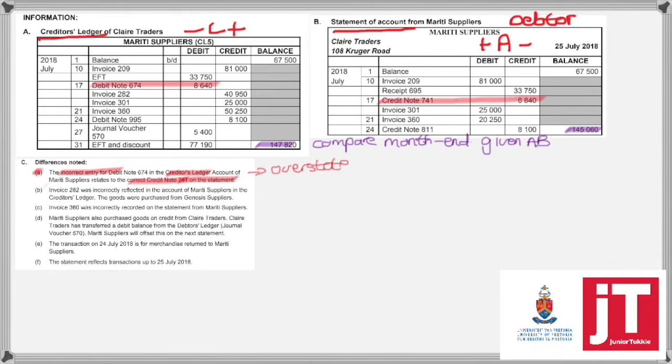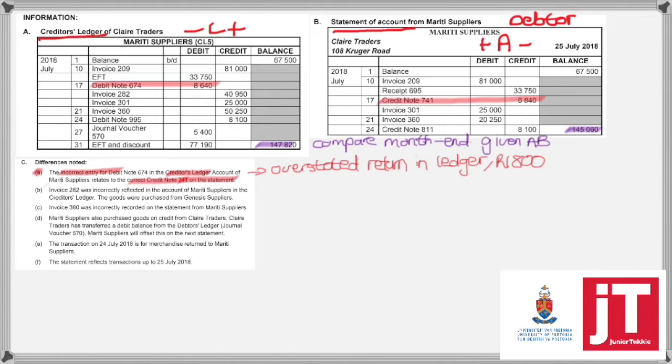Right, so now looking at transaction number A. The incorrect entry for debit note 674 in the creditor's ledger account of Mariti suppliers relates to the correct credit note 741 on the statement. So if I have a look at what is happening here, we have overstated the return in the ledger account.